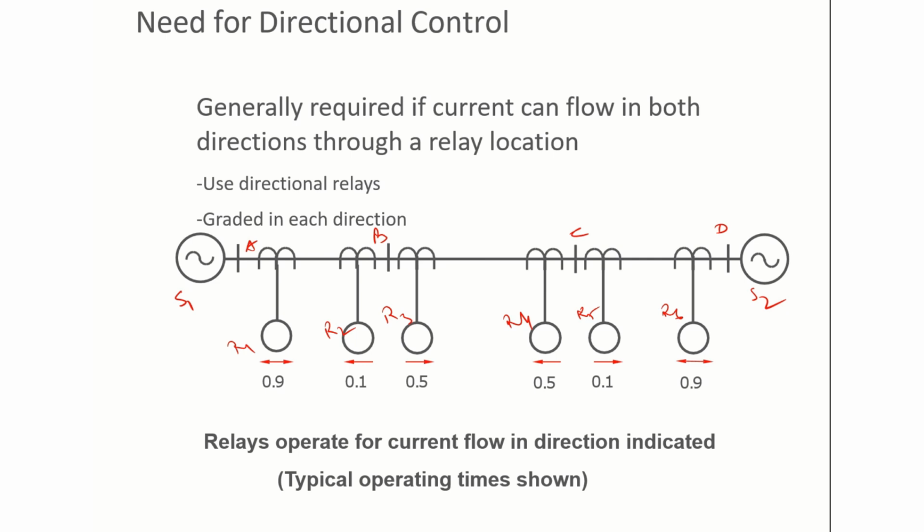First we will consider only one source and do all the coordination by removing the other source. Then we will consider the second source and remove the first source and do the coordination, and then we will merge both.